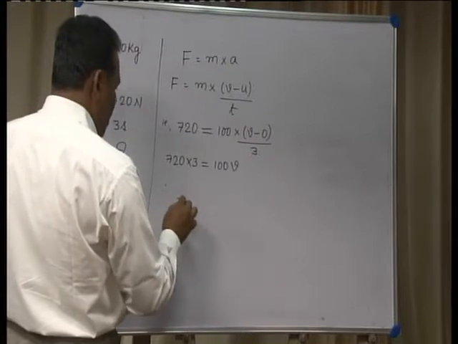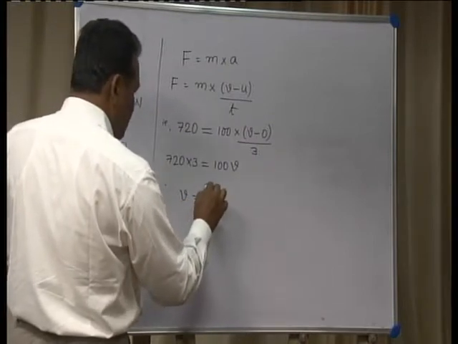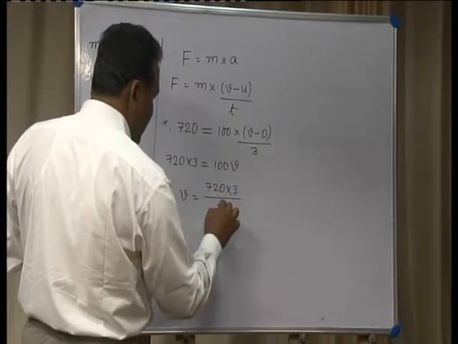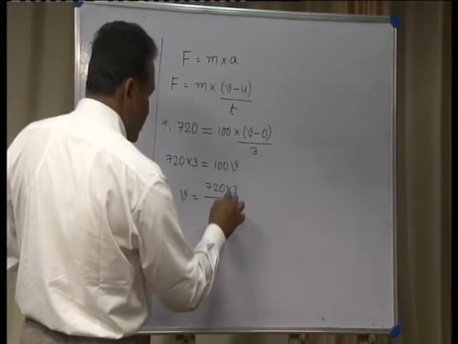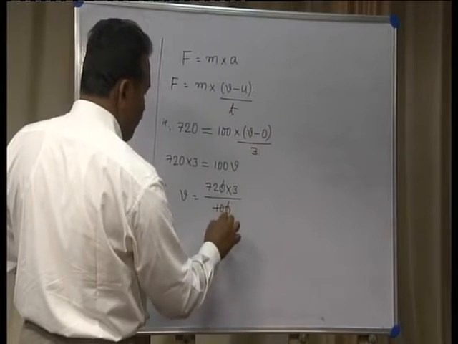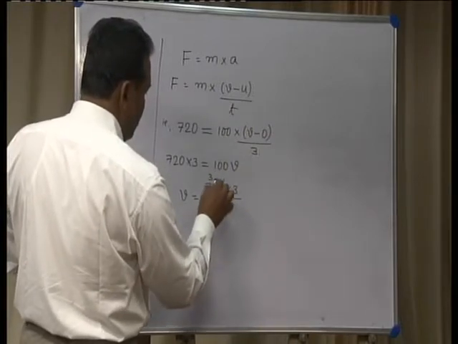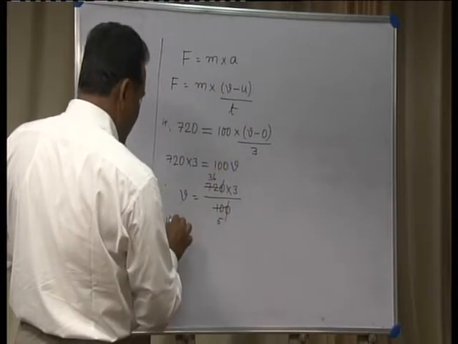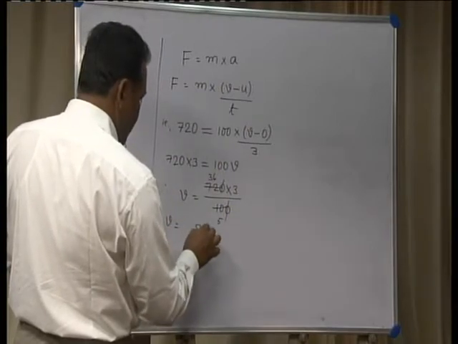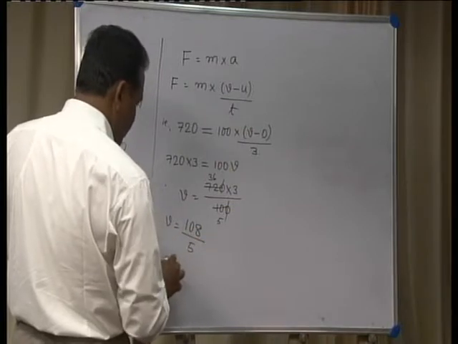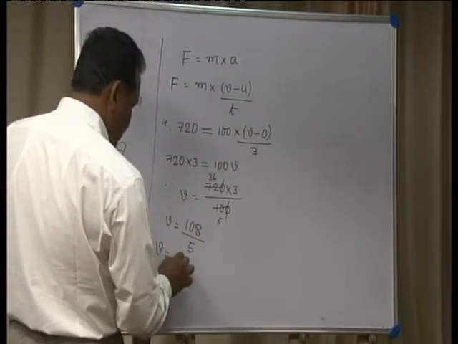Therefore v is equal to 720 into 3 divided by 100. These two get cancelled, 2 5s are 2 3s are 2 6s. So v is equal to 108 by 5.